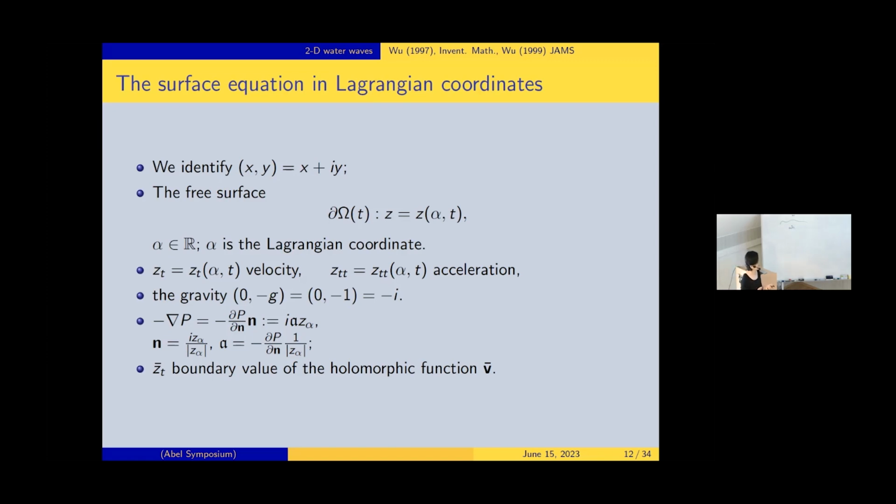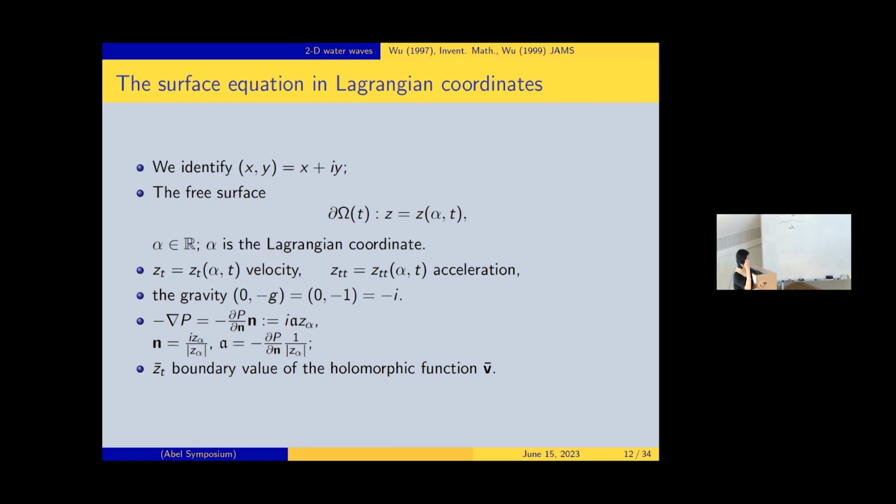If we take a derivative in time, dt, we get velocity, and if we take 2 derivatives in t, we get acceleration. We also write the gravity as minus i, normalized to be 1.